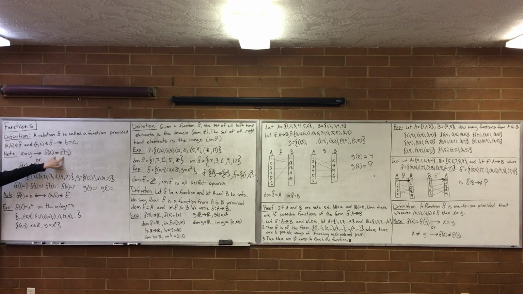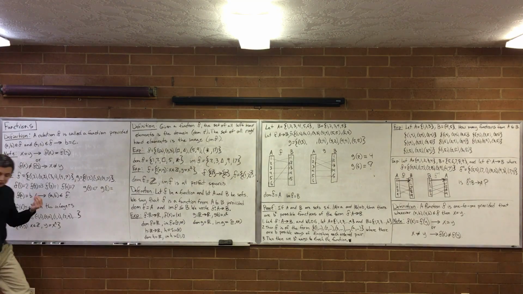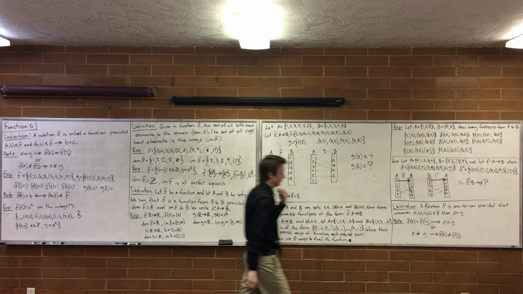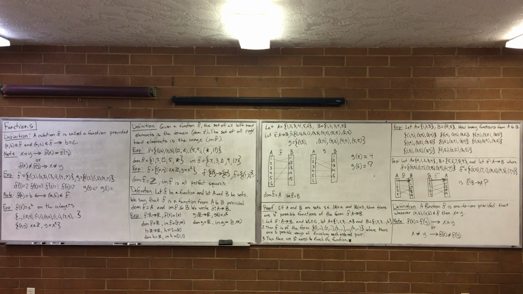So this implies this, the converse of that is this implies this. So if this implies this and this implies this, you have a one-to-one function. This gives you a function, the other way gives you a one-to-one function. So one-to-one is the converse of the definition of a function.